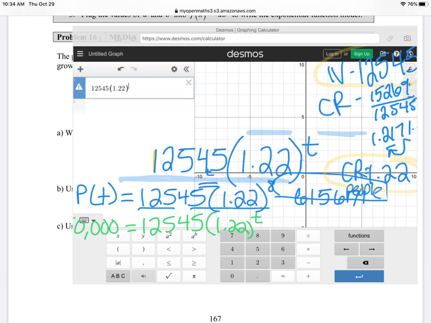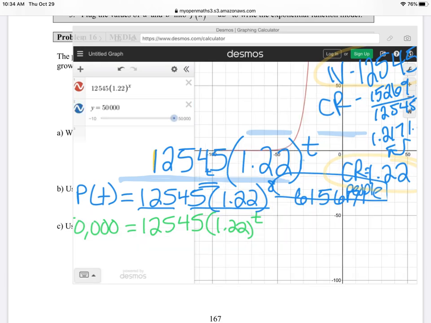I'm going to raise that to the x power. It doesn't really matter what exponent you use there, or what letter you use. And then for the part that it equals, remember you have to type y equals that number. So this one's going to equal 50,000. So I type y equals 50,000. So the original function goes in the top. What the function equals goes in the second line as y equals that number.